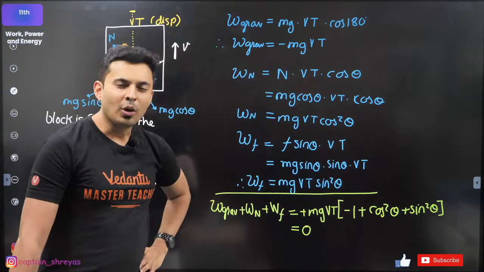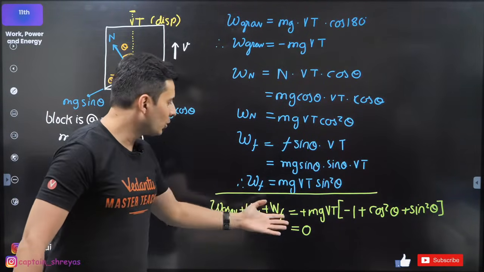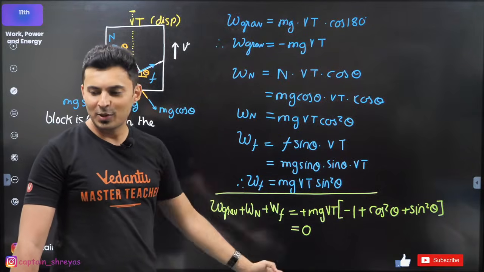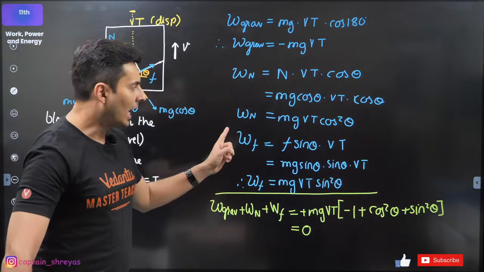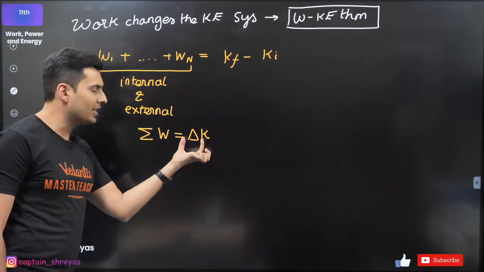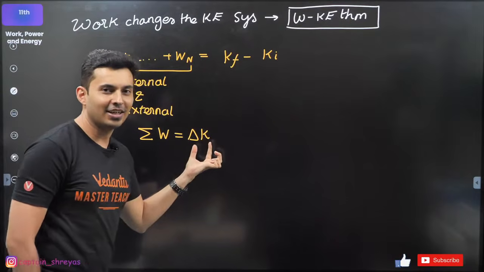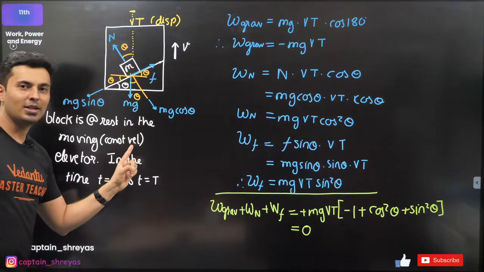Whoa. Now you will start thinking, sir, how is it possible? Why is the total work done 0? Is it making sense? I think it is. How? Observe. I just told you the work-kinetic energy theorem: total work done is always the change in the kinetic energy. Did I not mention in the question it is moving with constant velocity?